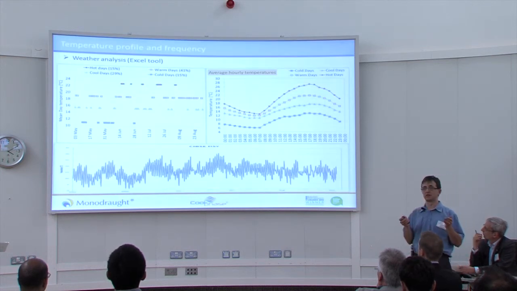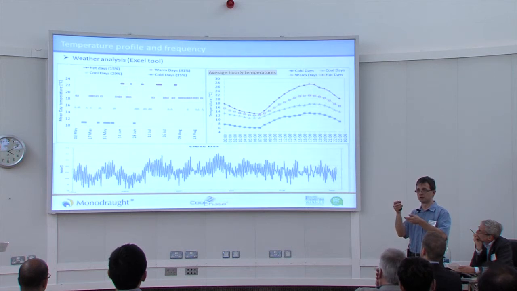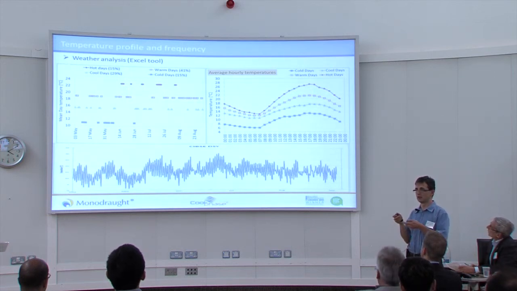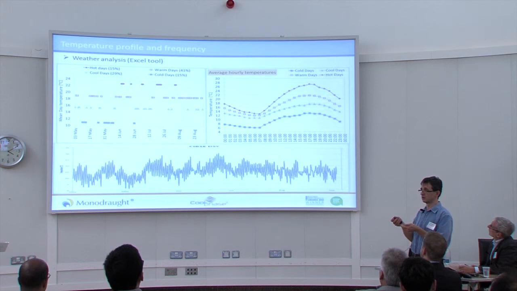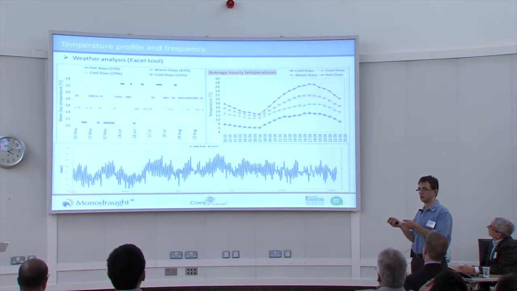So we have weather data, and what we did, we categorized each day as being in a certain temperature range. And for each temperature range, for each category, we created a 24-hour pattern. So we know we would expose our system to this pattern on a warm day, on a cool day.